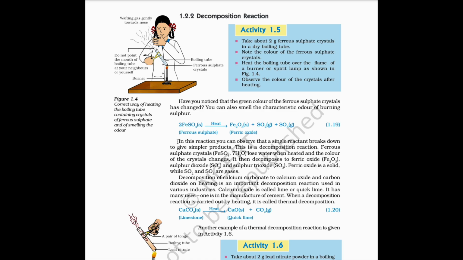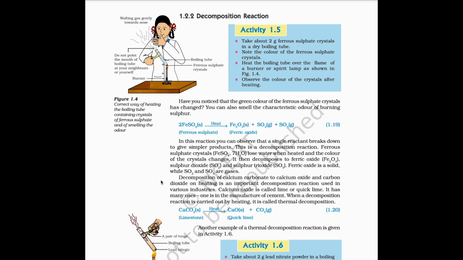Ferrous sulfate crystals, FeSO4·7H2O, lose water when heated and the color of the crystals changes. It then decomposes to ferric oxide Fe2O3, sulfur dioxide SO2 and sulfur trioxide SO3. Ferric oxide is a solid while SO2 and SO3 are gases.